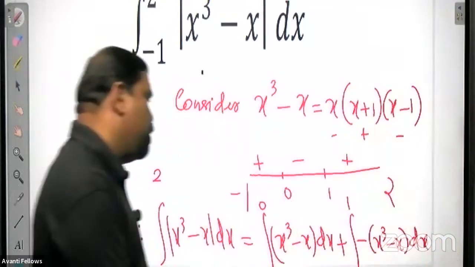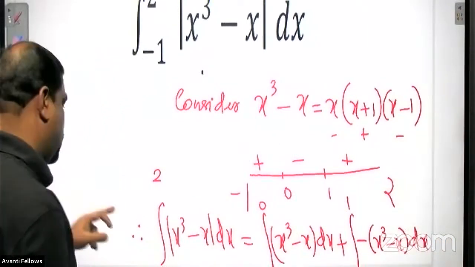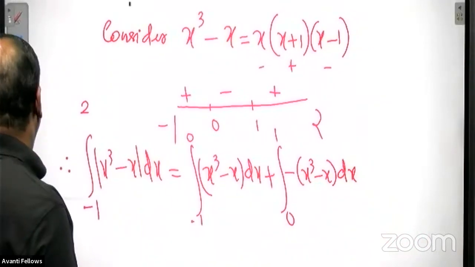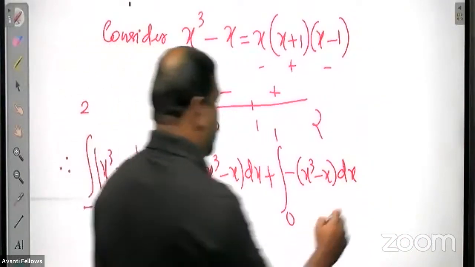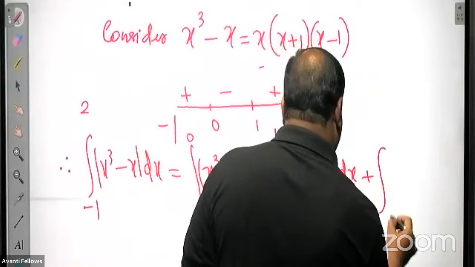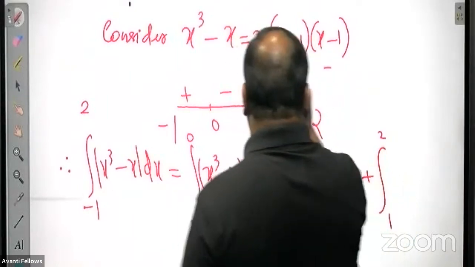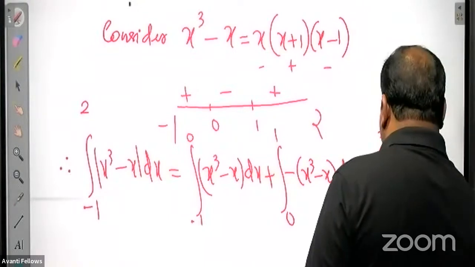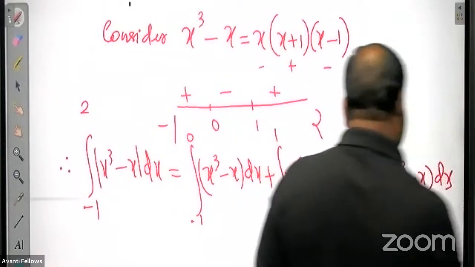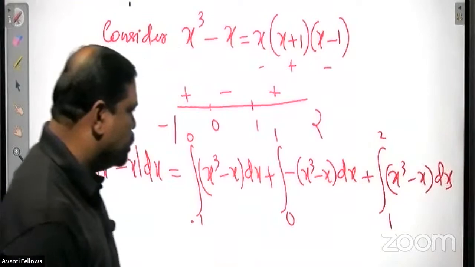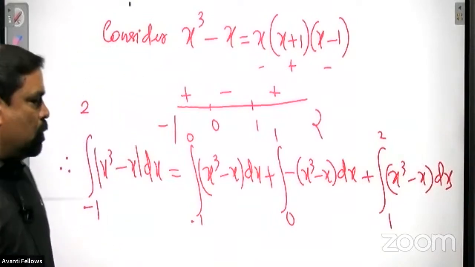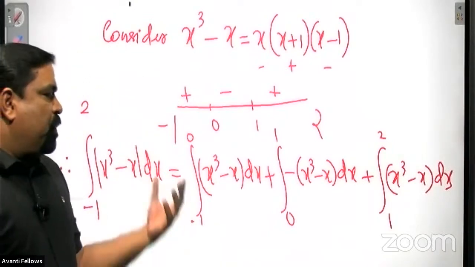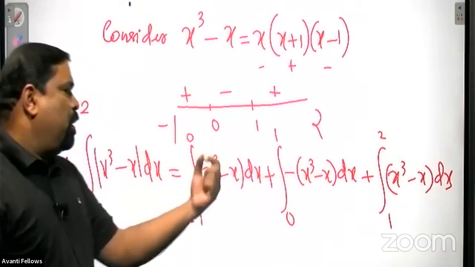Negative of x cube minus x, plus the third part, 1 to 2. In 1 to 2, it is positive, so the same function, x cube minus x. So there are three integrals, okay? But the integrand is the same only.